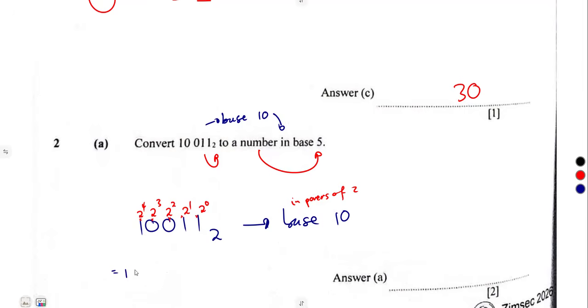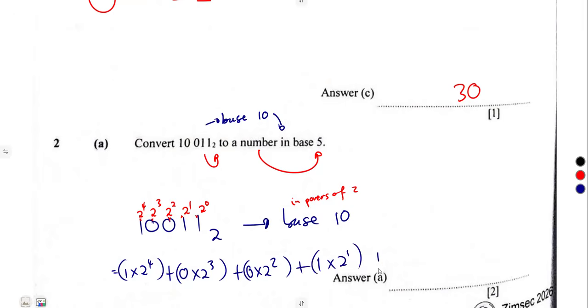That is 1 times 2 to the power of 4, plus 0 times 2 to the power of 3, plus 0 times 2 to the power of 2, then 1 times 2 to the power of 1. Then we have got 1 times 2 to the power of 0.